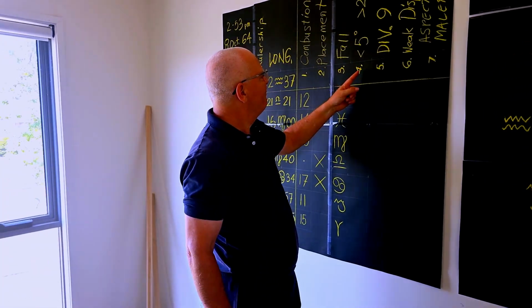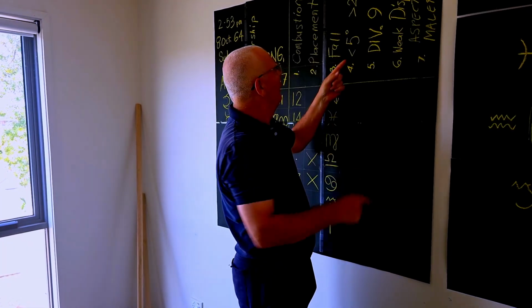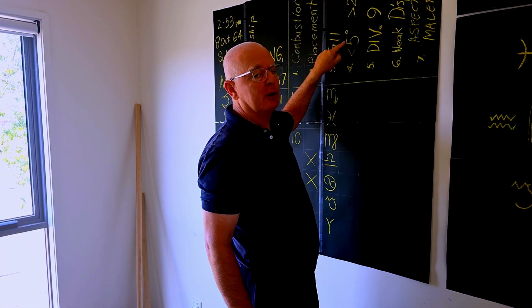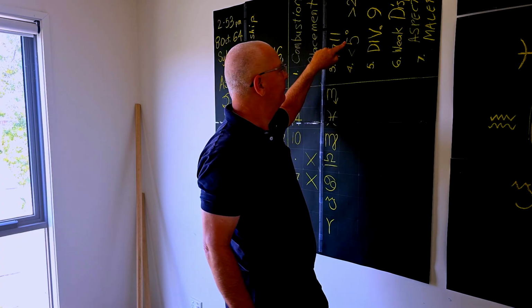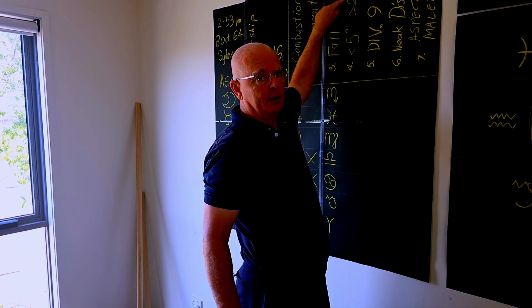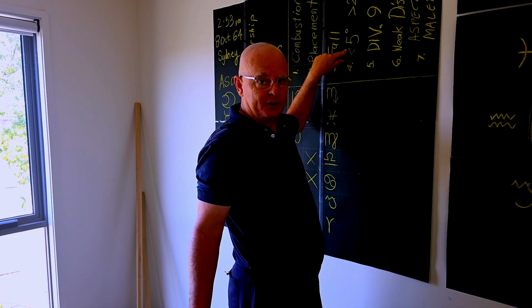The next one, weakness number 4. This means less than 5 degrees longitude in its sign. And this means more than 25 degrees in its sign. This is called infancy, when a planet's at the start of a sign.